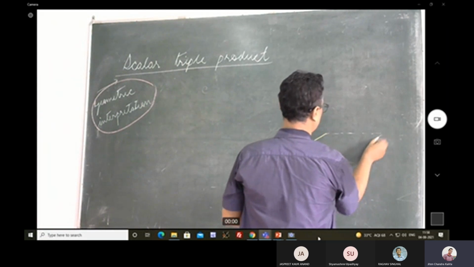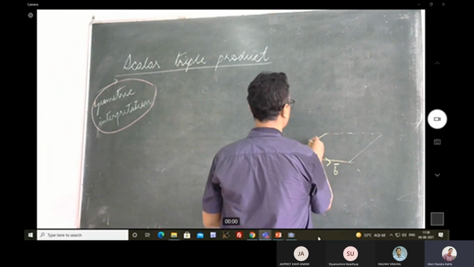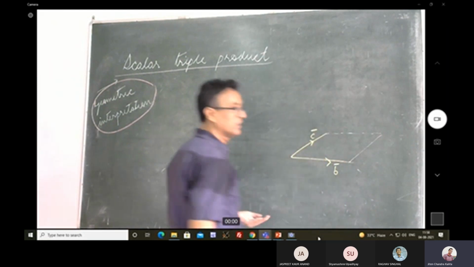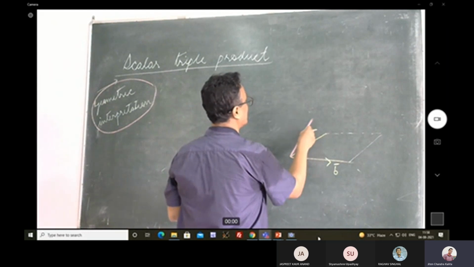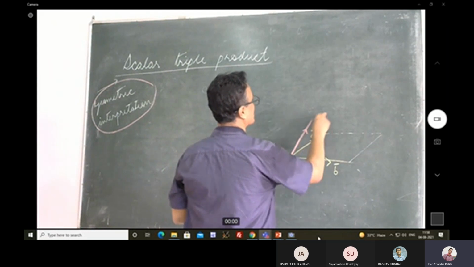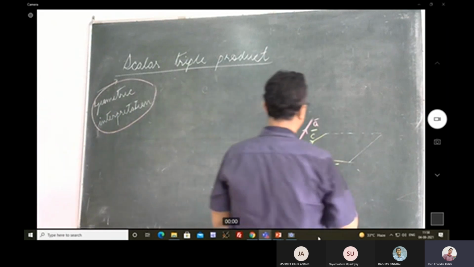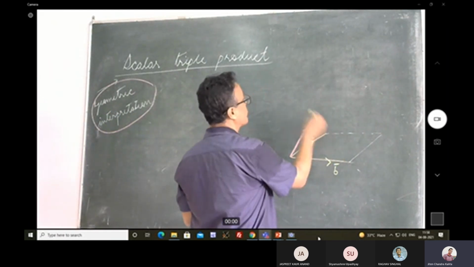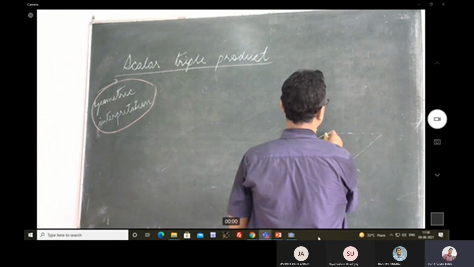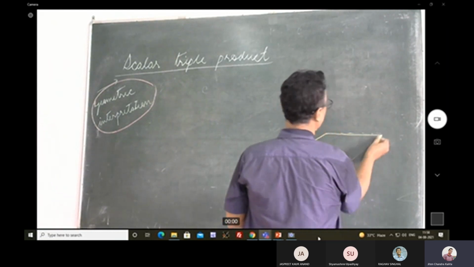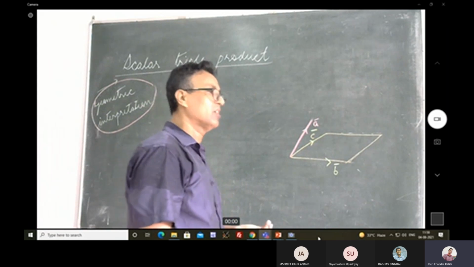Suppose this is B, this is C, and suppose this is A. Before going into what is going to happen to A, let me simply concentrate on this parallelogram.